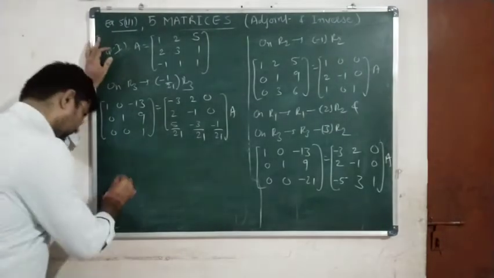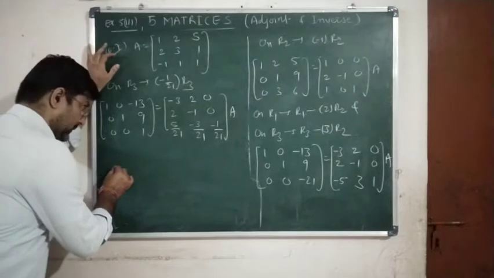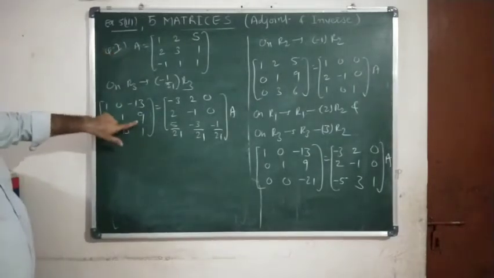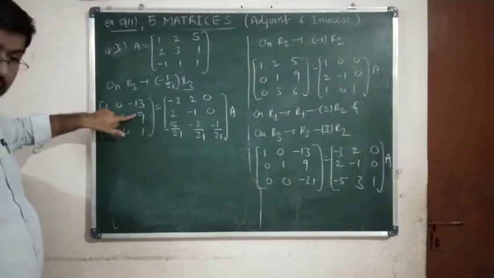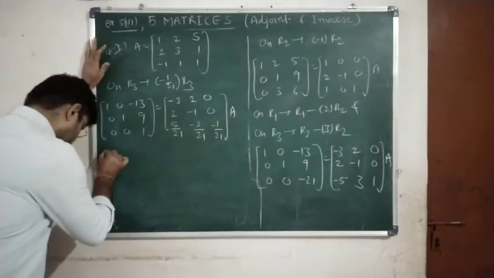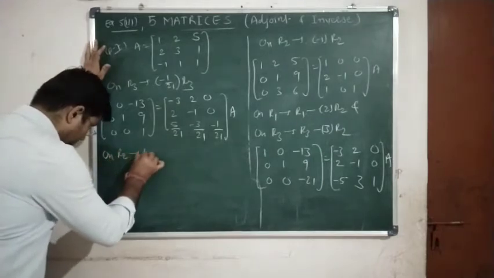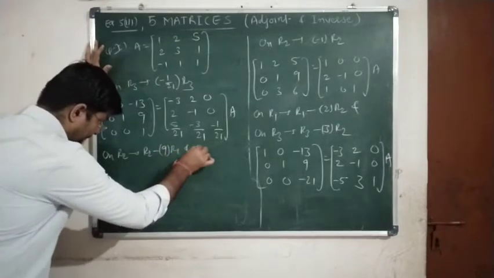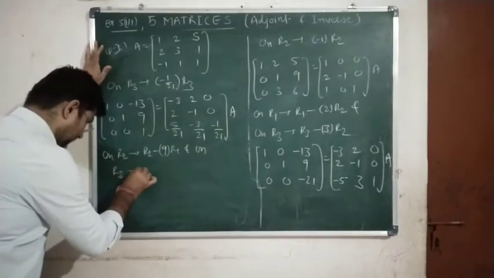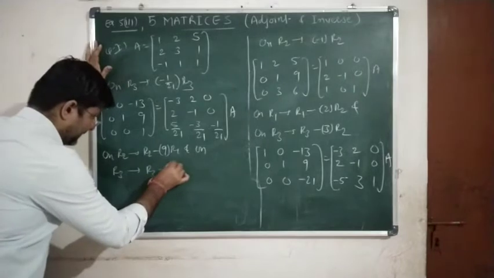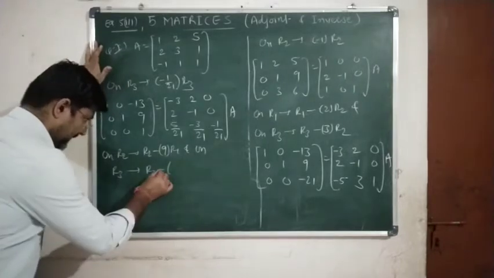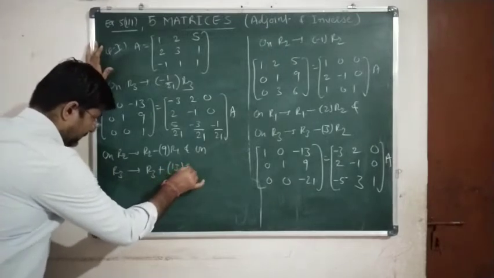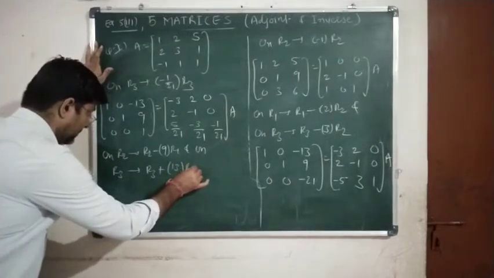Okay, therefore, now here we want 2 more zeros finally. So on R2, minus 9 into R1, and on R1, plus 13 into R3.